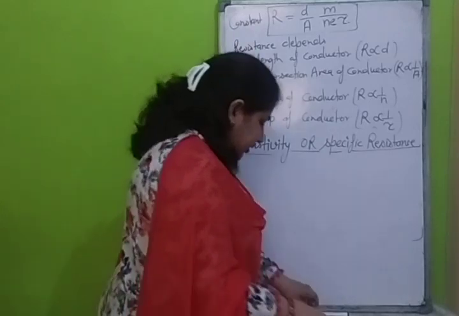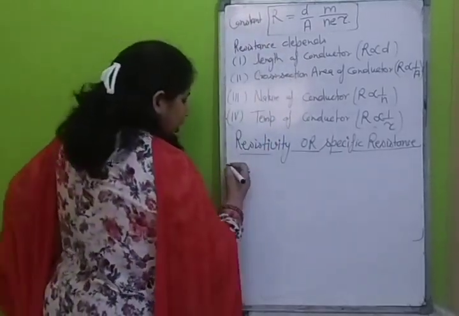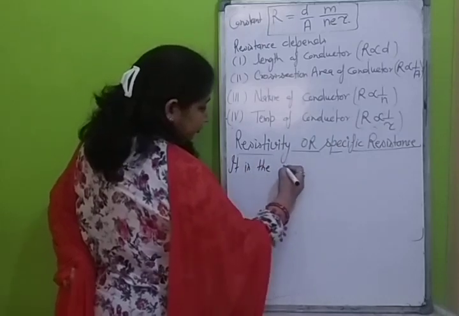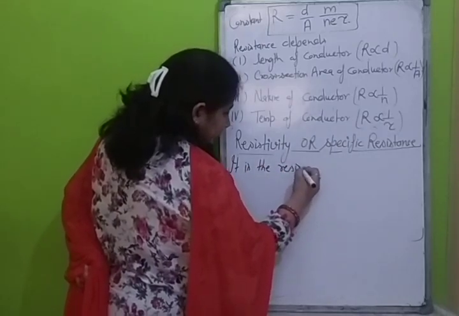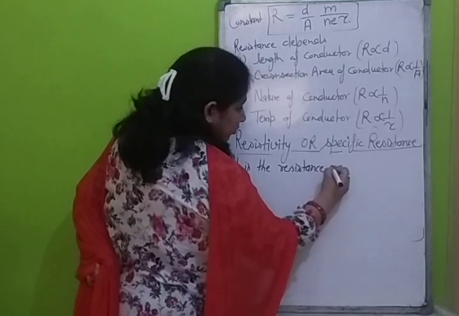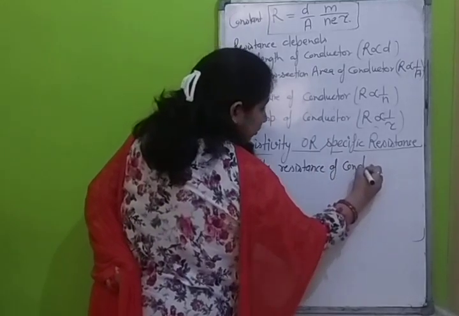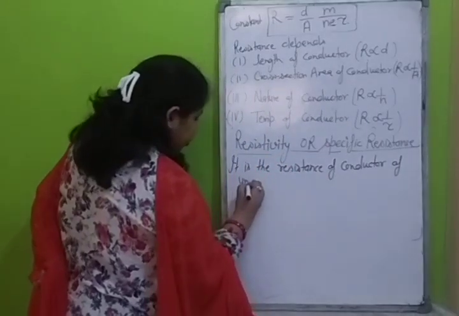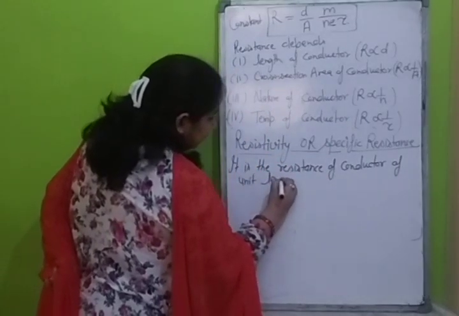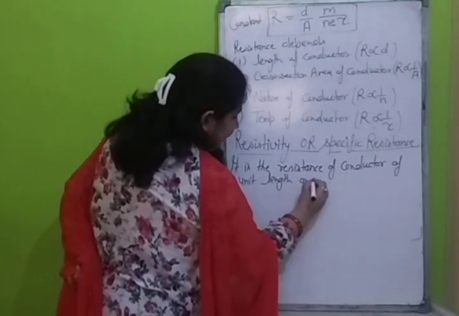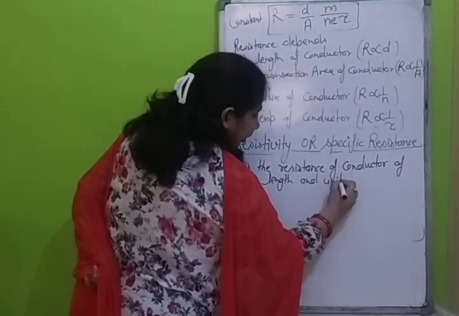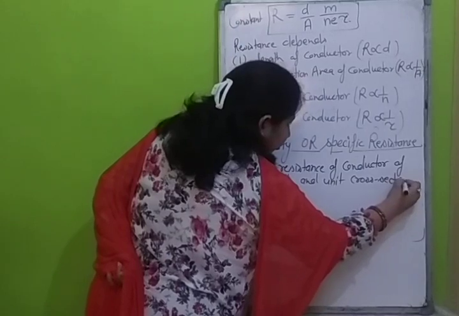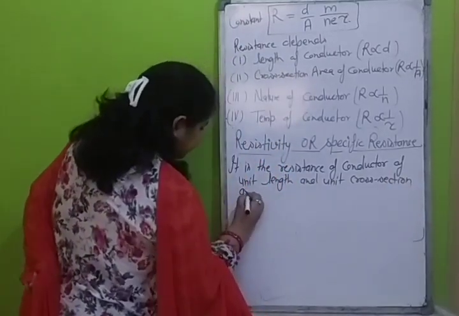We know the resistivity is the resistance of a conductor of unit length and unit cross section area.